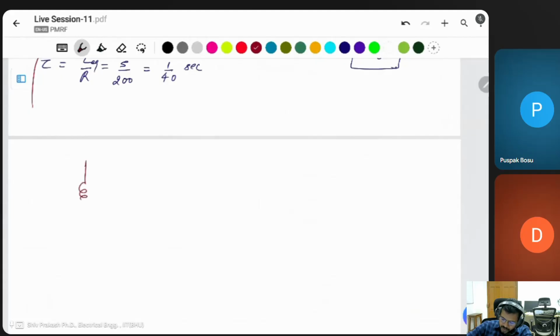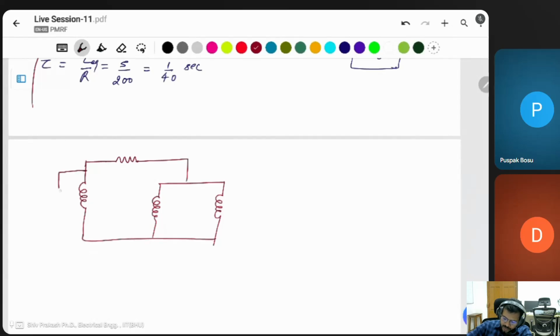After t is equal to 0, the whole circuit looks like that. And there is a current source. Initially, our current source is 6 e to power of minus 40t, a 200 ohm resistor, the inductor is 5 Henry, and this is the 10 Henry.